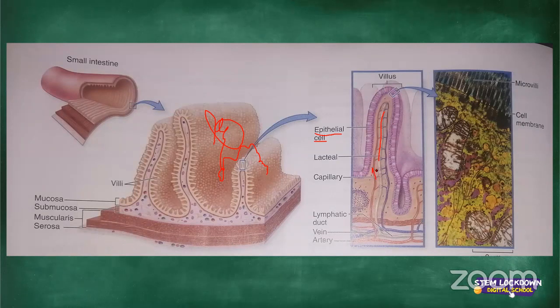So this is blood going in, and this is blood flowing out. And your lacteal is connected to your lymphatic vessels, right? And what we also find in the villi is that it has microvilli, all right? That is just an extension of the surface area to allow for more absorption to take place. So this is the structure of the villi.